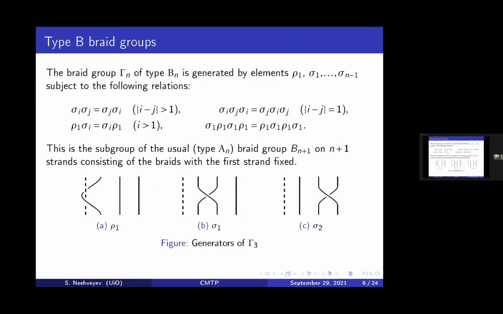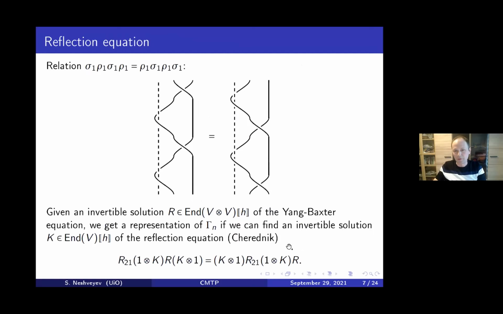But from the point of view, if you want physics applications, they appear in the study of quantum scattering on the half line rather than on the entire line. So we can put a wall in the middle, and then there is a bounce off this wall. And so you need this extra operator corresponding to this bounce, and this leads to these type B braid groups rather than the usual braid groups.